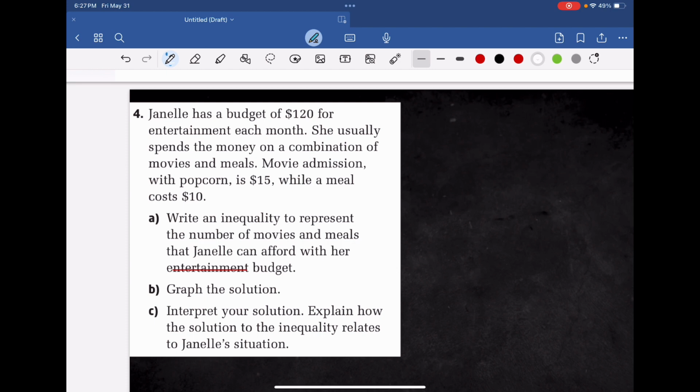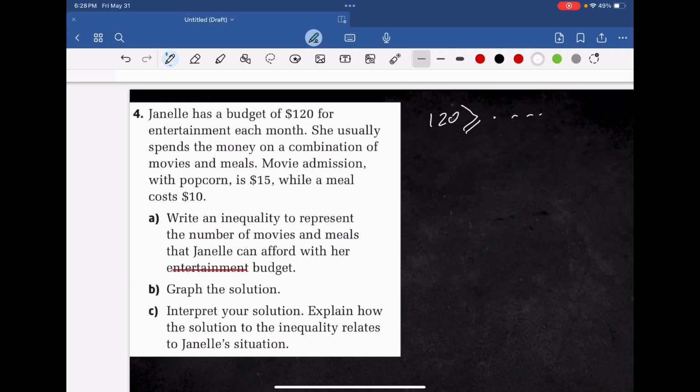Janelle has some money, $120, and she wants to spend it on watching movies and buying some milk. So now we know she has 120 bucks, and she needs that 120 bucks to be greater or equal than whatever she is buying.